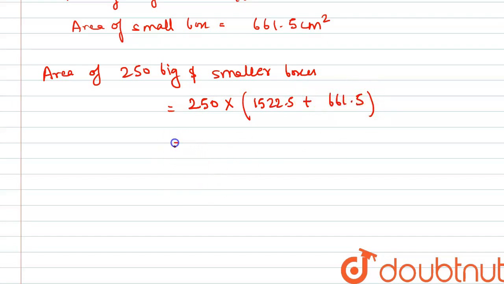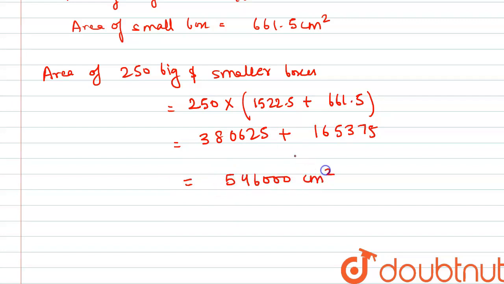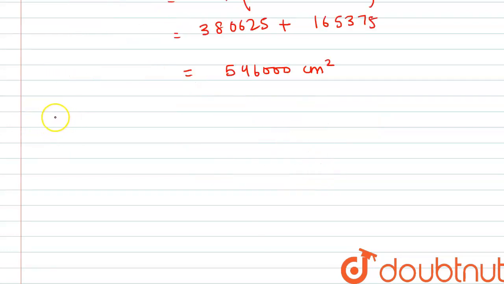This value comes out to be around 380625 plus 165375. So the total area of cardboard comes out to be 5,46,000 centimeter square.